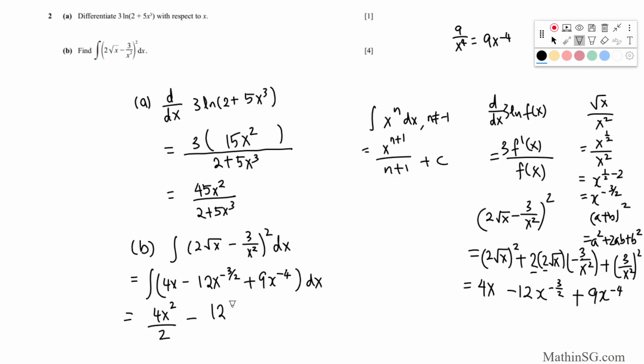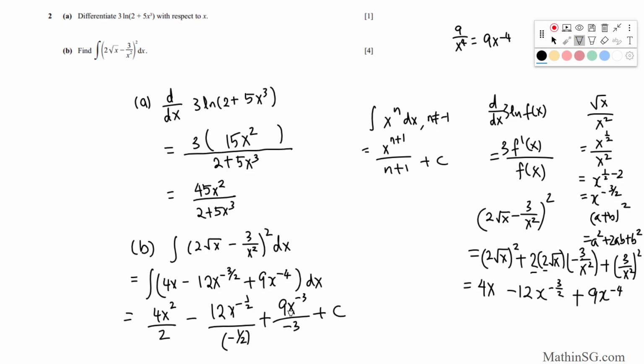Similarly, here will be negative 12x to the power of minus 3 over 2 plus 1. So minus 3 over 2 plus 1 is basically minus half, right? So let me just change it to minus half, over the new power, which is negative half. Next, minus 4 plus 1 is minus 3. So the new power is x to the power of minus 3 divided by this power, minus 3.